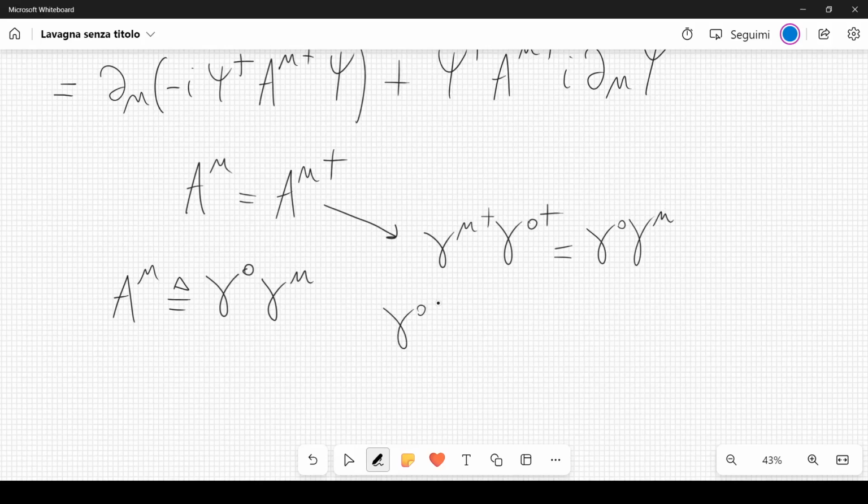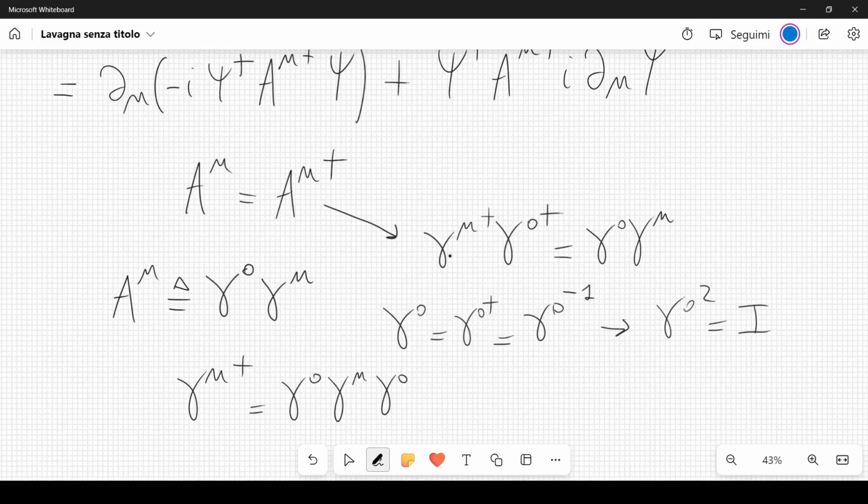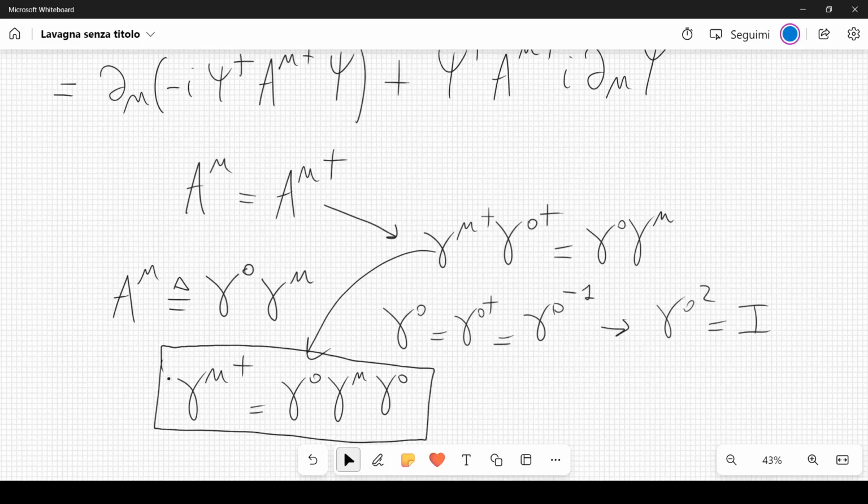Now, if we choose gamma 0 such that gamma 0 is equal to gamma 0 dagger, which is equal to gamma 0 inverse, gamma 0 to the minus 1, this means that gamma 0 squared is also equal to the identity, and we can also write gamma mu dagger equal to gamma 0 gamma mu gamma 0 from here and from here, basically. And so this is a property that these gamma matrices need to satisfy.